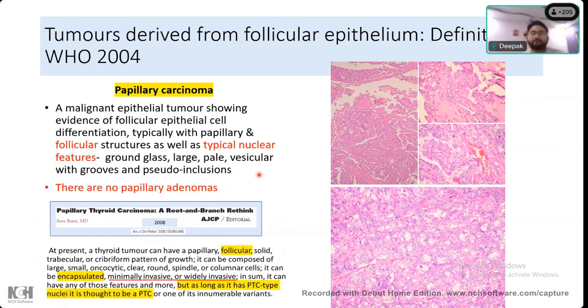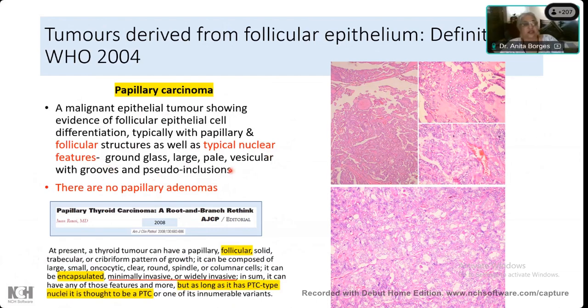What are these PTC like nuclei? Papillary thyroid carcinoma type nuclei, that's what PTC stands for. But what are those PTC like nuclei? Orphan Annie nucleus. It means a ground glass nucleus with nuclear grooving and intranuclear cytoplasmic inclusion. Yes, so it's written over here, right?